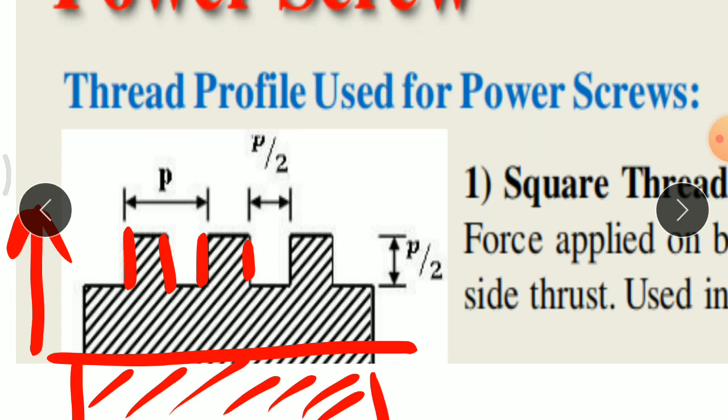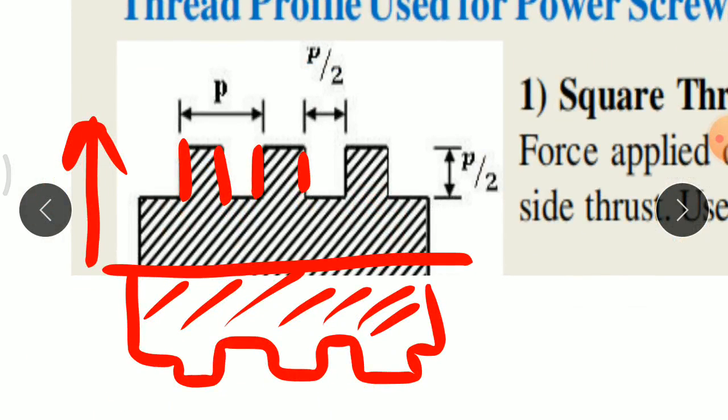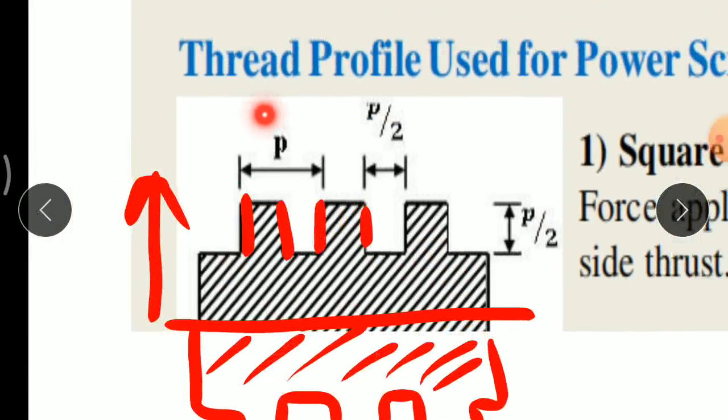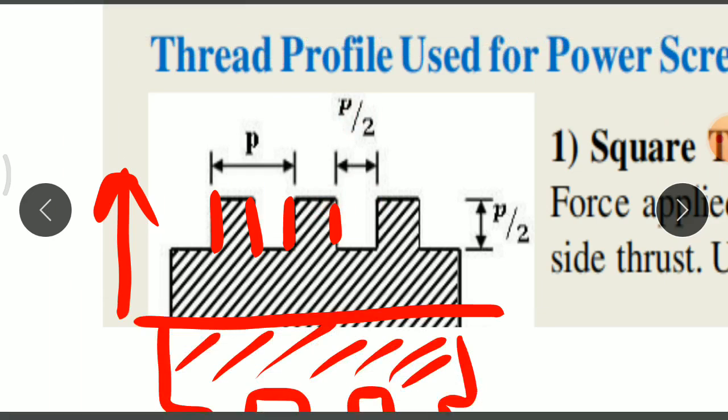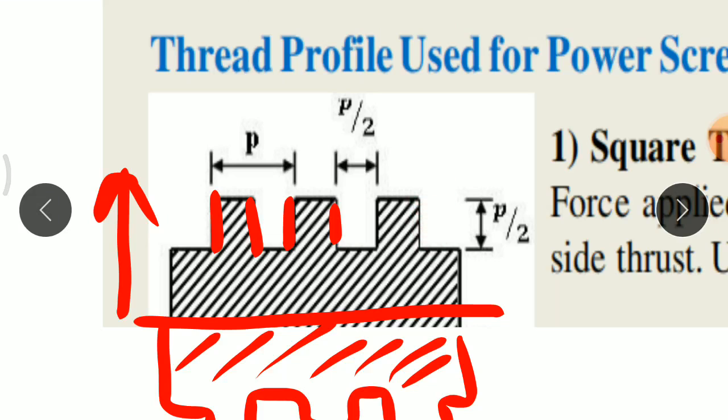The applications of this screw thread are in screw jacks, mechanical presses and clamping devices. On its geometry we have some points such as P, that is the pitch of the thread, the distance between two profiles is P by 2, and the height of the thread H is P by 2.